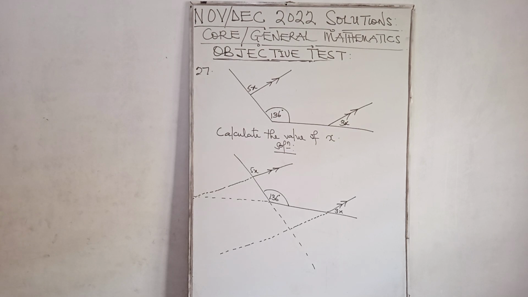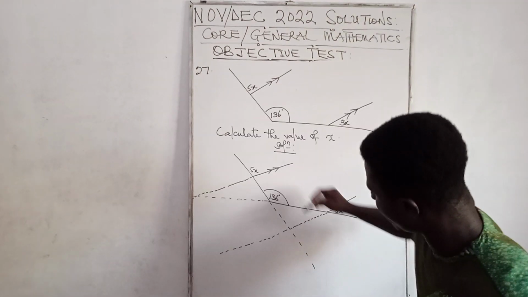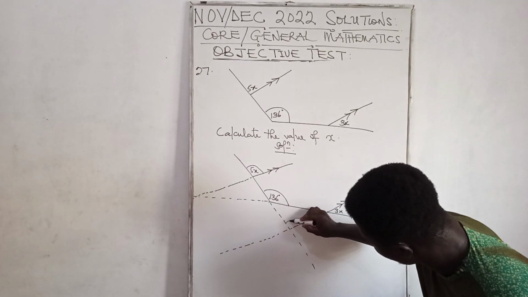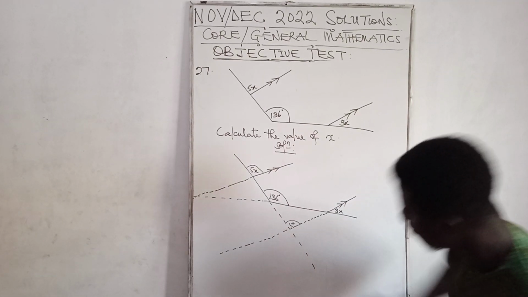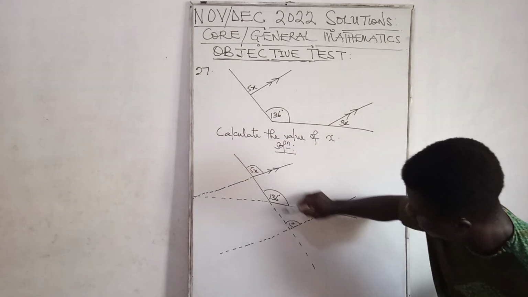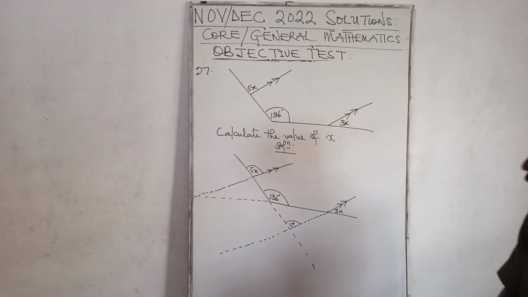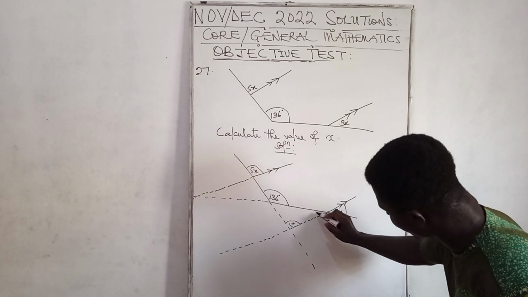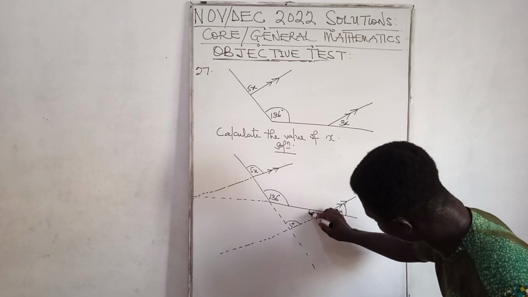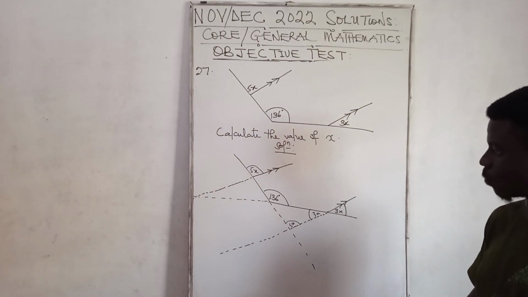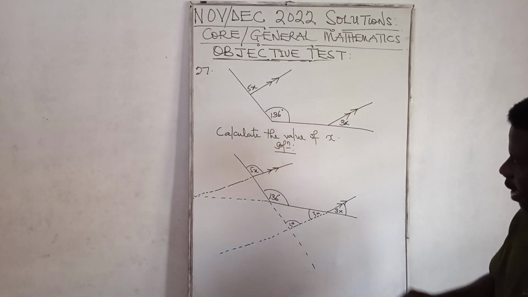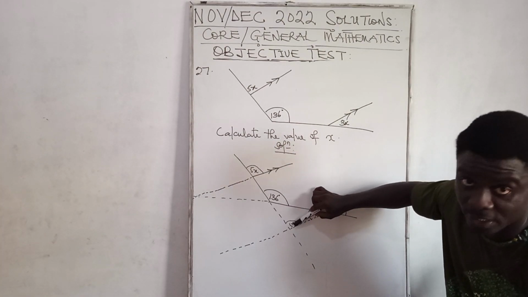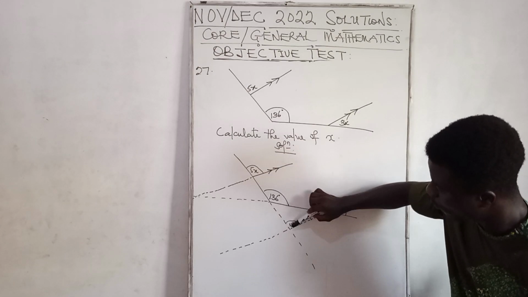Alright, so now let's see. We can see that this 5x here corresponds to this angle here, 5x. So this angle and that angle are corresponding angles.